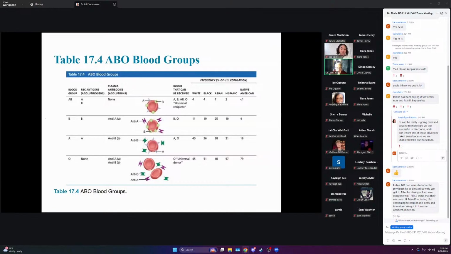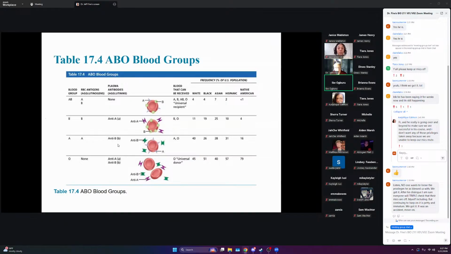The AB person is the only other person that could receive A and B. That is correct. Yes, because B has an anti-A, A has an anti-B, and O has an anti-A and B. So if AB donated blood to any of these other three groups, we'd have a problem. That's exactly correct.